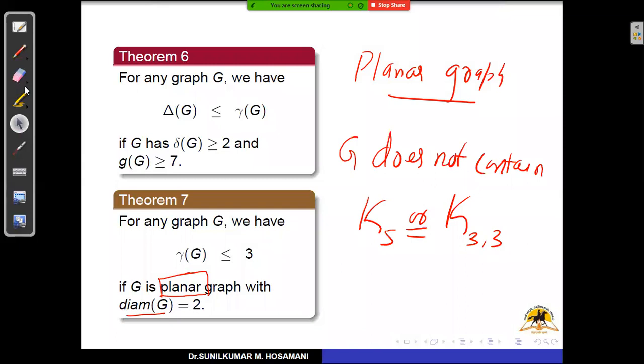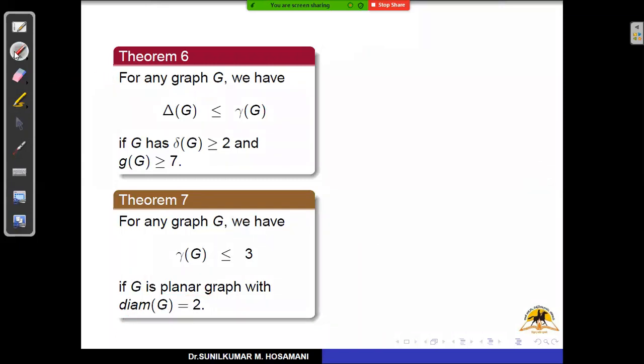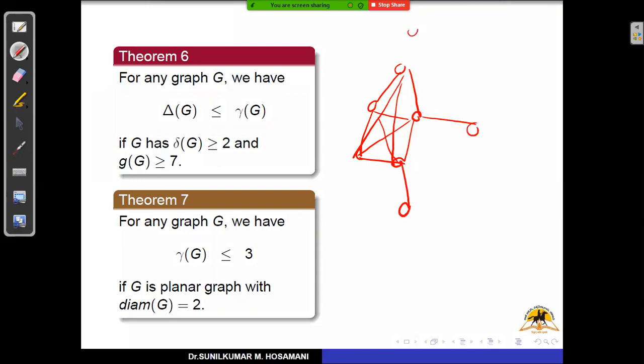For example, consider this graph. This is my graph G. You can see that this graph contains K5 as a subgraph, which will be an induced subgraph. In this case, G is not a planar graph.